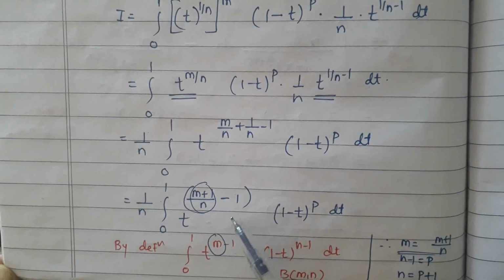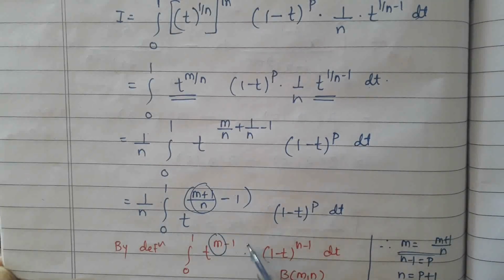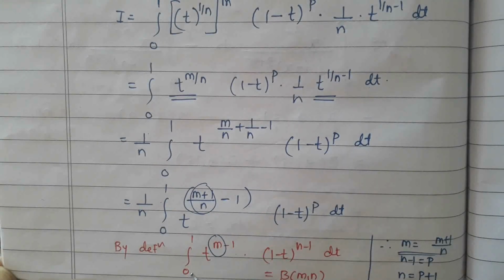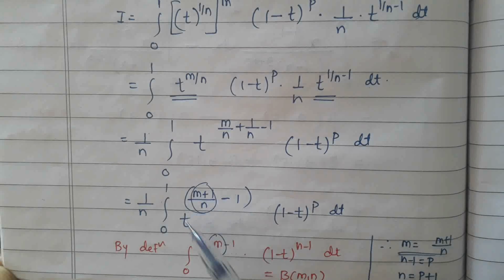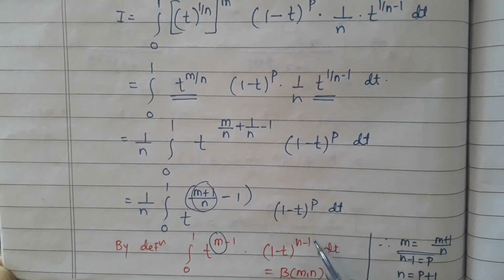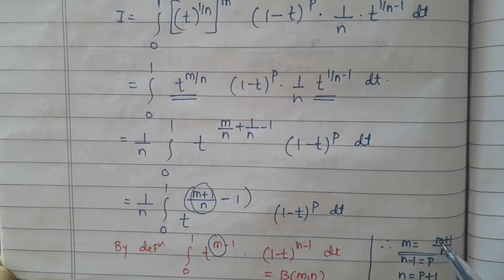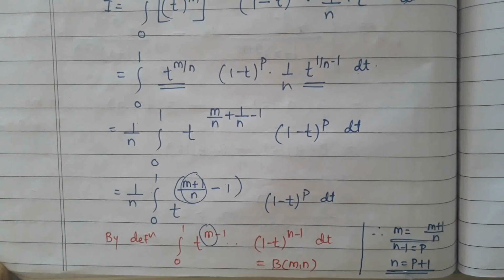To write this integral in beta notation form, let us compare this integral with the proper definition of the beta function: integral 0 to 1 of t raised to some power times (1 minus t) raised to some power. Now we have to find the values of m and n from this. By comparing this format, m equals (m plus 1) upon n, and n minus 1 equals p, so n equals p plus 1.